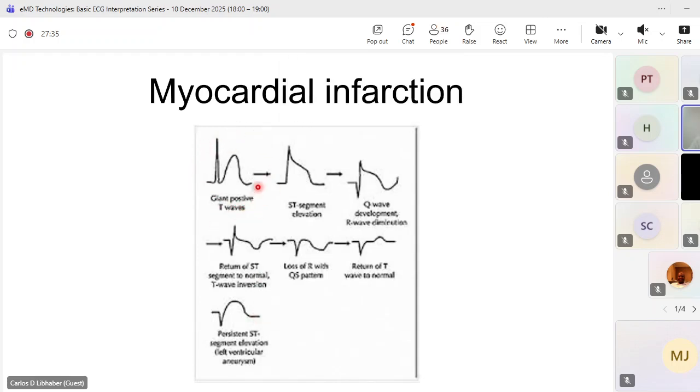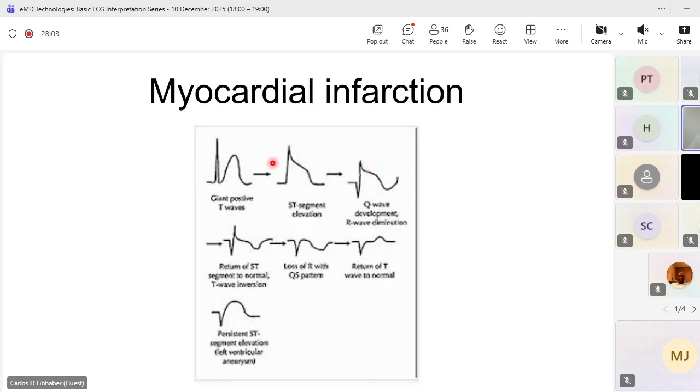Hyperacute phase. You still don't have the ST elevation, but you have a giant T. Quickly, ST elevation, but not T wave. Then eventually you get a Q.